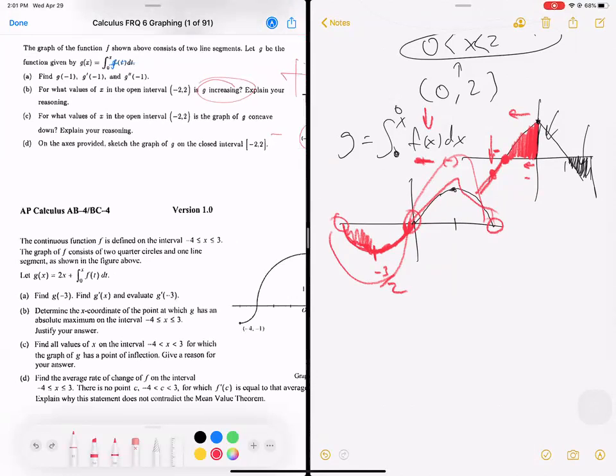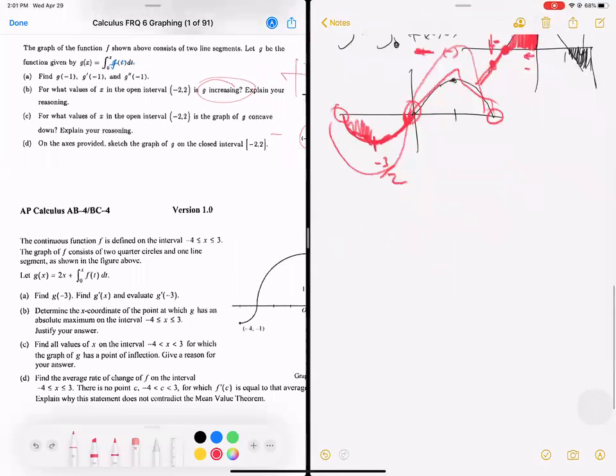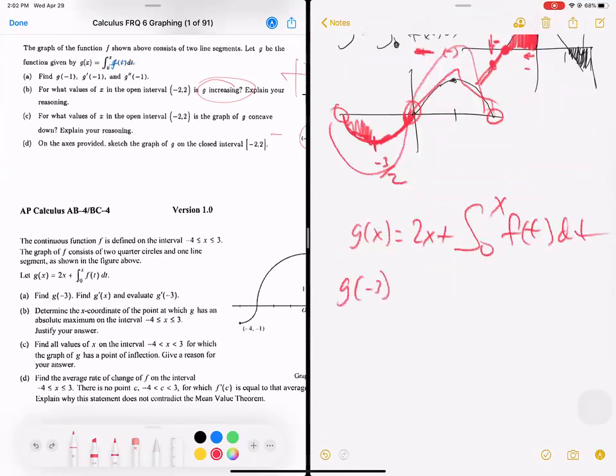Let g of x be equal to 2x plus the integral from 0 to x of f of t dt. Find g of -3. Okay, they told us to find g of -3, so I'm just going to plug -3 into the problem.